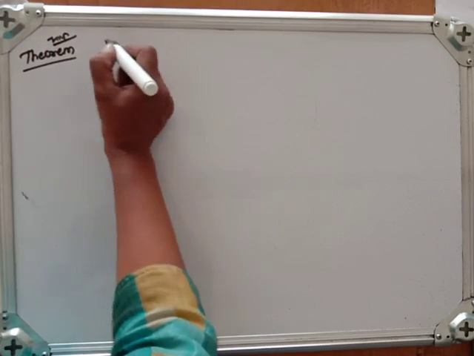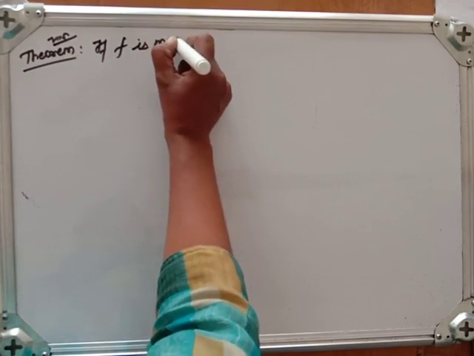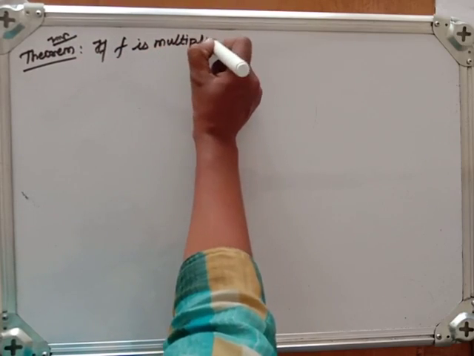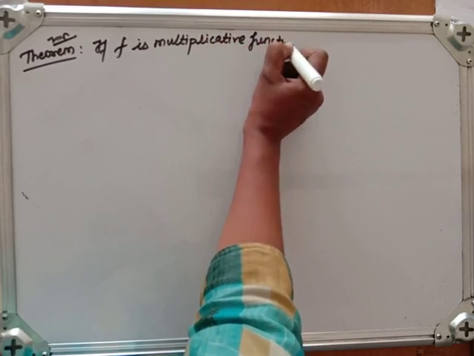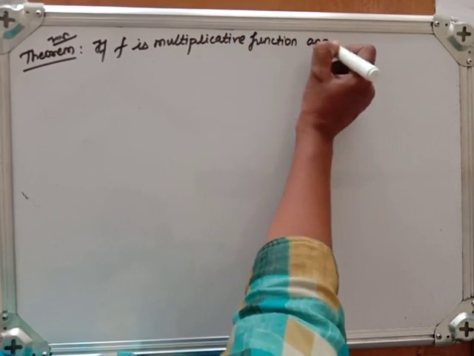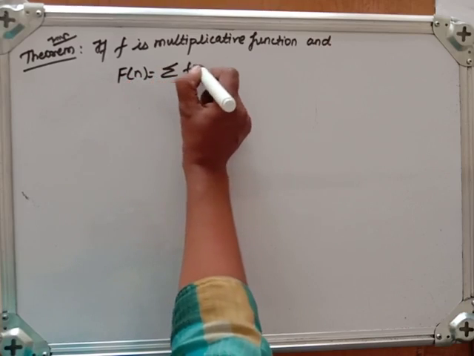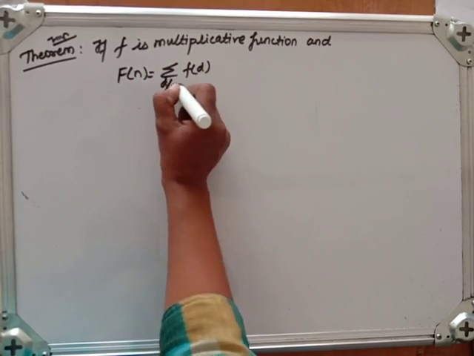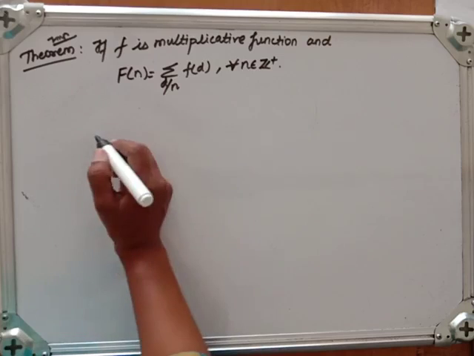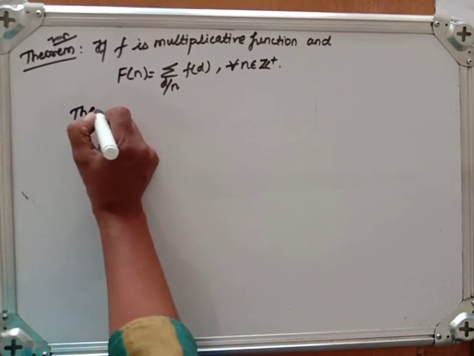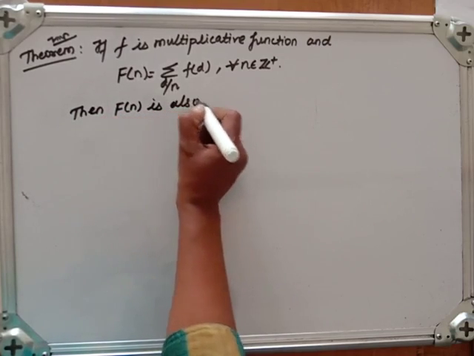Theorem: If f is a multiplicative function and capital F of n is equal to summation f of d, d divides n, for all n belongs to Z plus, then capital F of n is also multiplicative.